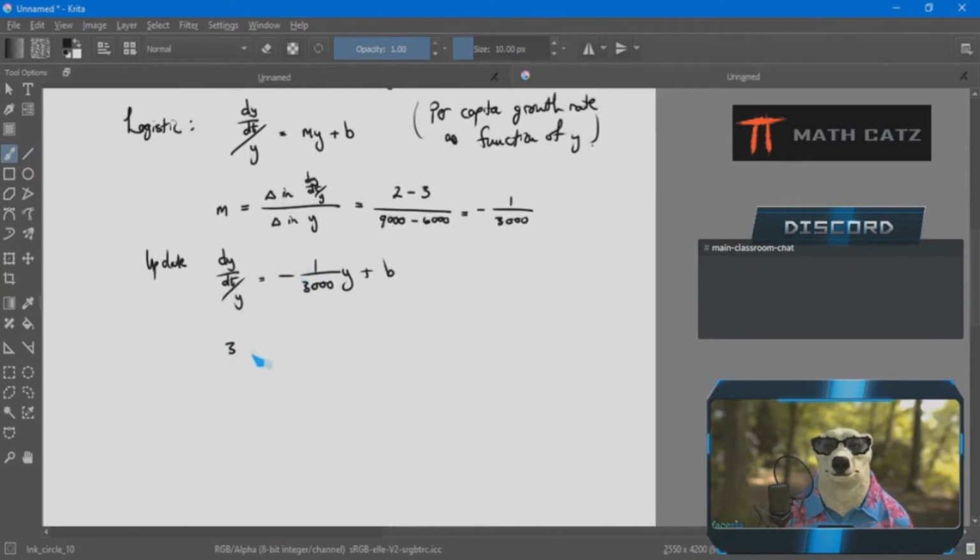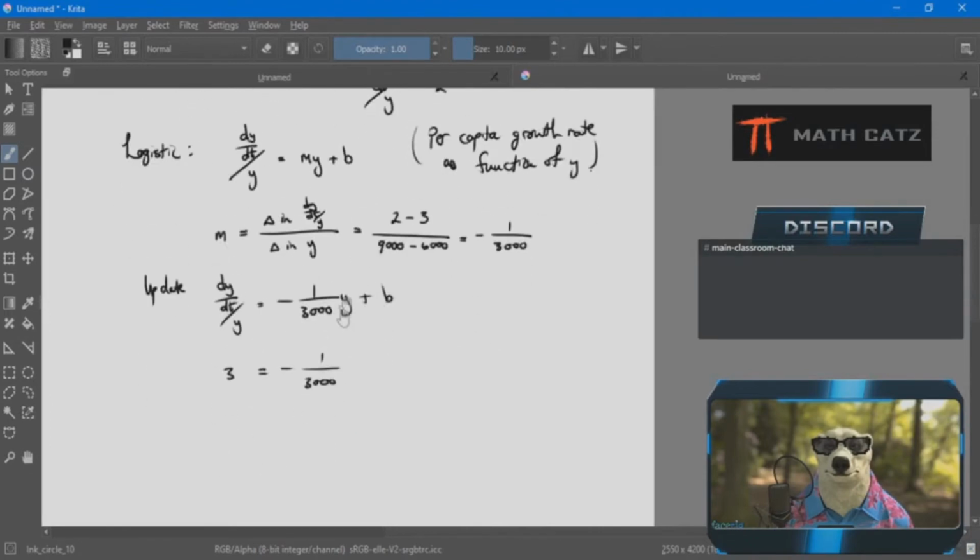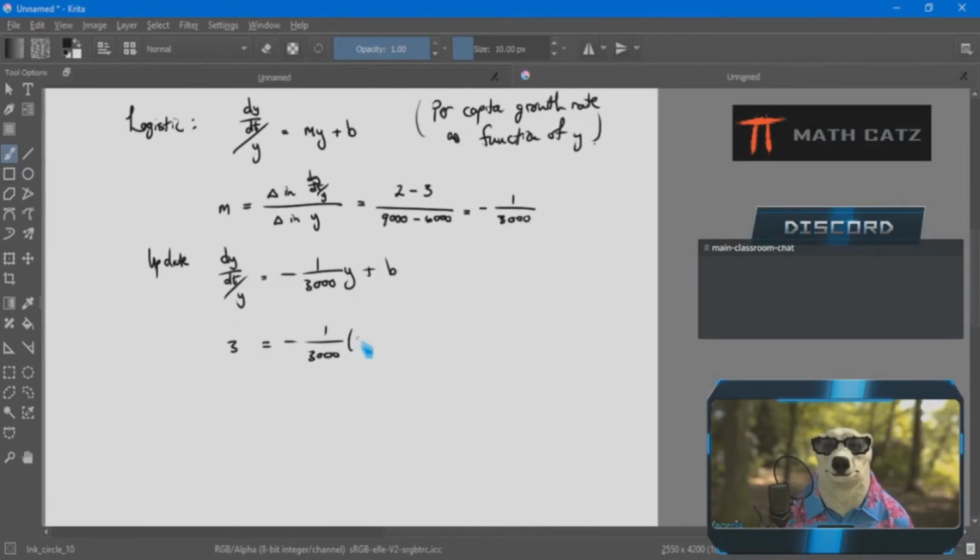Plug that in, so 3 equals negative 1 over 3,000. What did we say, 3,000? No, it was 6,000, sorry. 6,000 for y corresponds to that, and that's b. So this then just simply becomes a 2, and b becomes a 5.